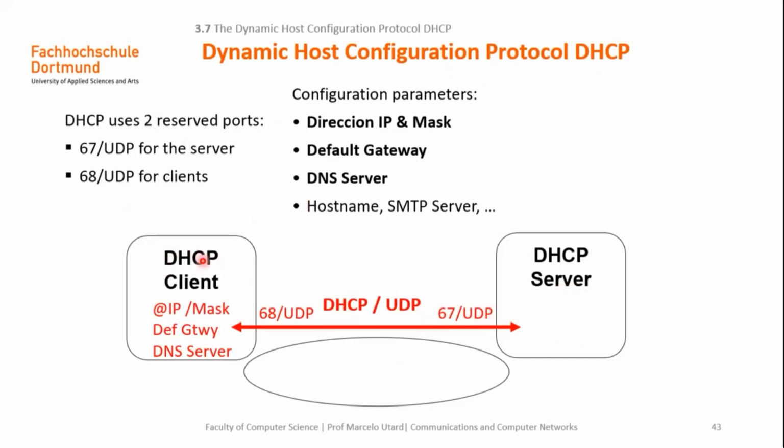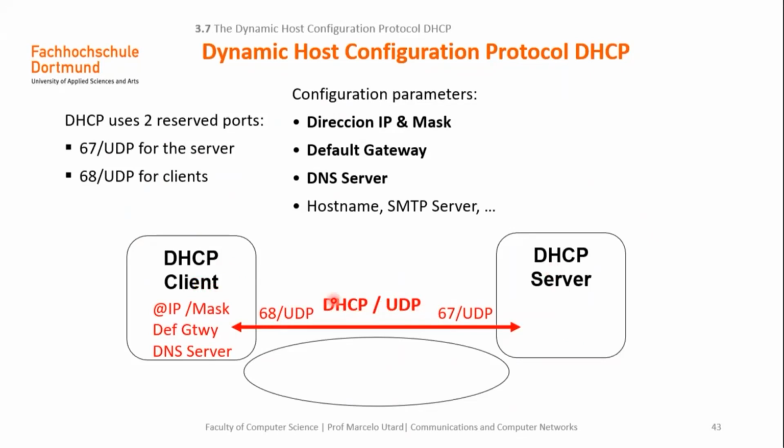The client always uses port 68. Remember, DHCP runs over UDP, that is, the DHCP protocol data unit is encapsulated into the UDP datagram.